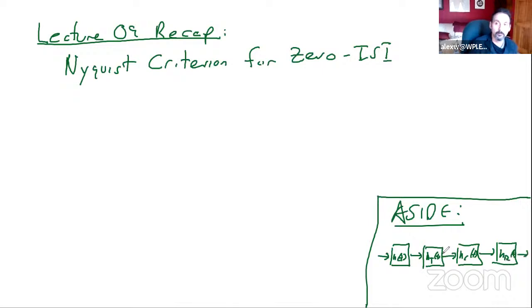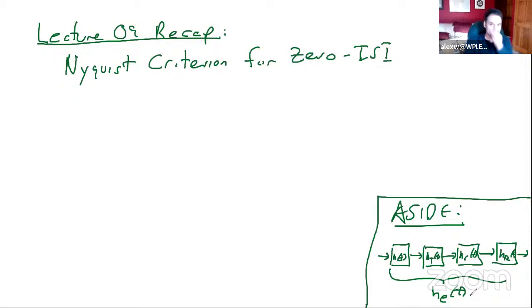And then we have the output. What we're trying to achieve here is an end-to-end equivalent pulse shape, he of t, that allows us to eliminate ISI and minimize distortion.